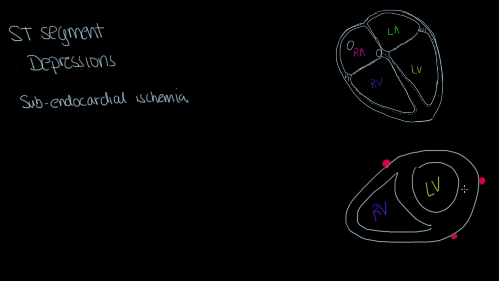So what we're going to discuss is how a partial occlusion of a coronary artery, say it was a little bit more than halfway occluded, but some blood is still getting through, would affect the subendocardial region right over here. Now there are two things to consider. One is that if you have a very large occlusion here in the coronary artery, then of course less blood and less oxygen is provided to the heart muscle here.